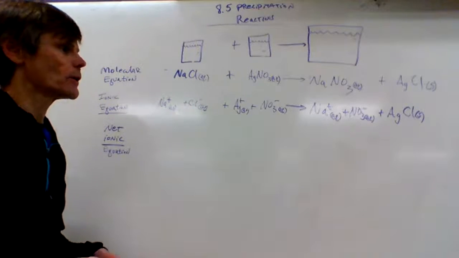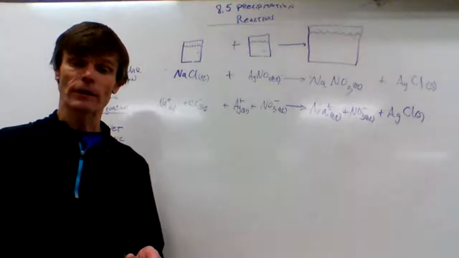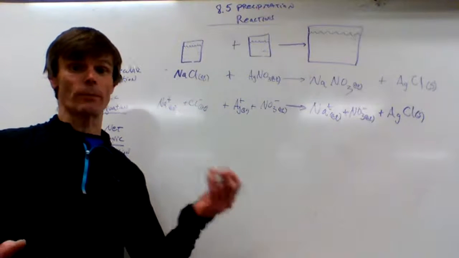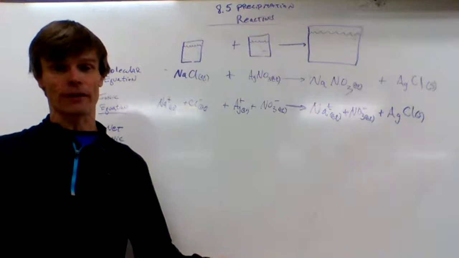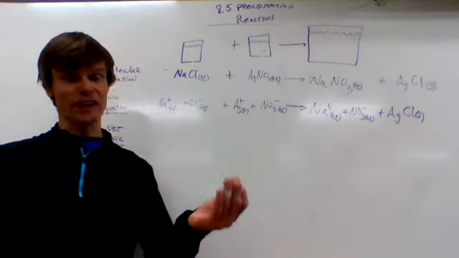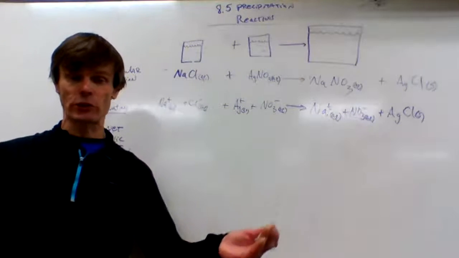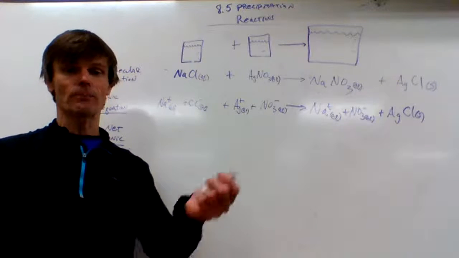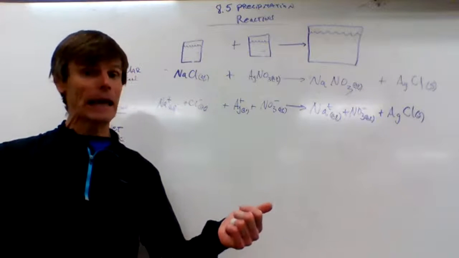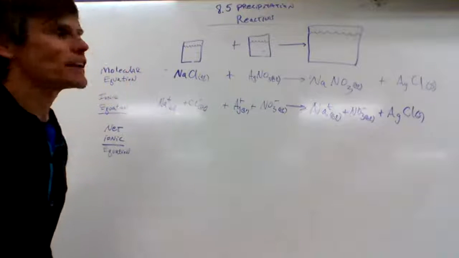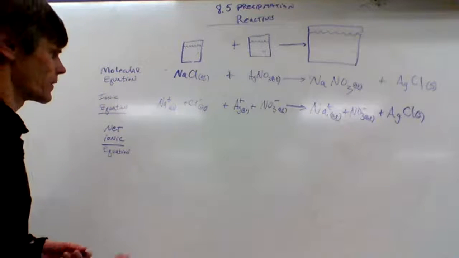Spectator ions are ions that are ions on the reactant side and product side. What we can think of is they're staying as ions dissolved in solution, not really doing anything at the beginning of the reaction and at the end of the reaction. Let's find where our spectator ions are.